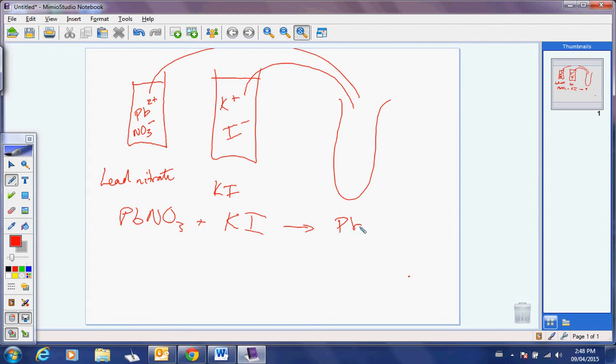I'll tell you the precipitate was lead iodide. And the other thing that formed was potassium nitrate because it is a double replacement reaction. Okay?